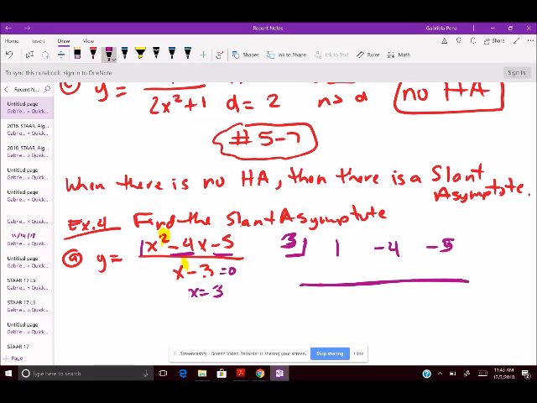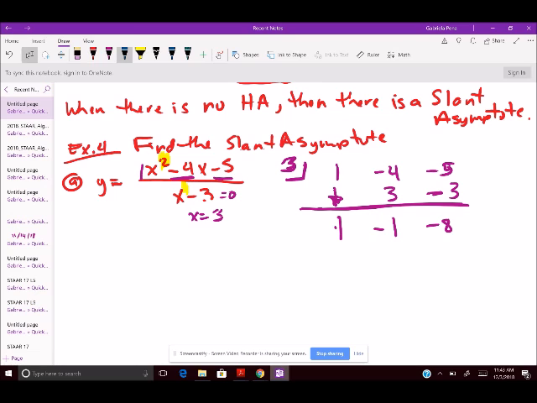Are we okay with that? So the rule was we bring this guy down, right? This is a 1. We multiply 3 times 1, which is a 3. -4 plus 3 is -1. 3 times -1 is -3, and this is a -8.